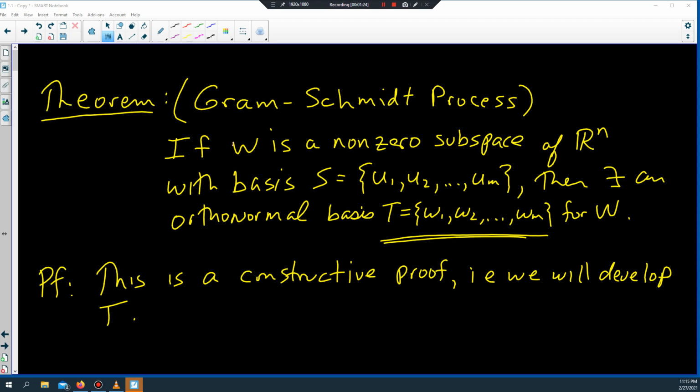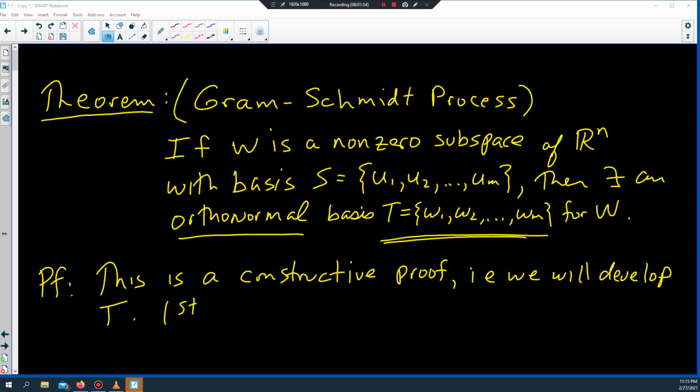Now, it's easier to find an orthogonal basis first, and then once we have the orthogonal basis, we can normalize every vector in it, and then we'll have an orthonormal basis.